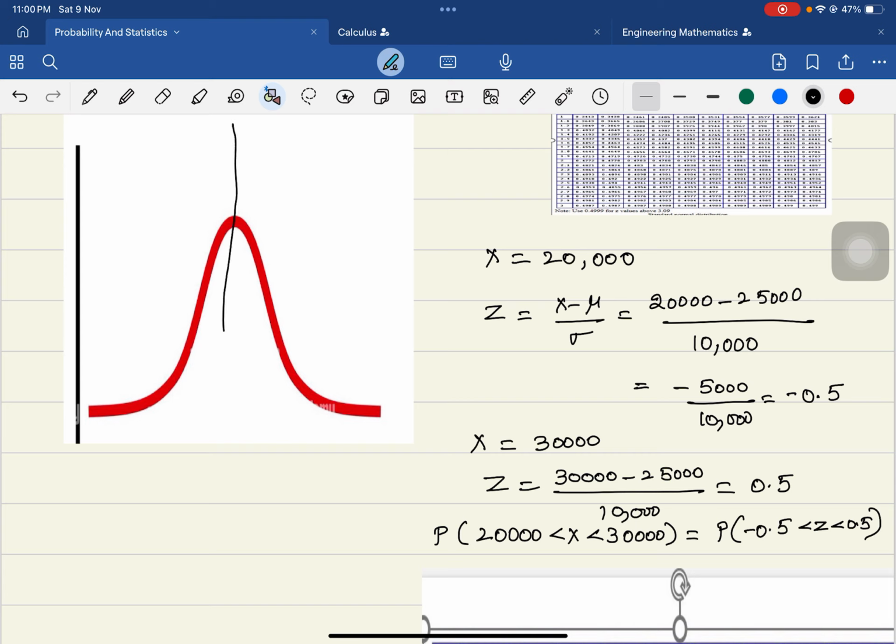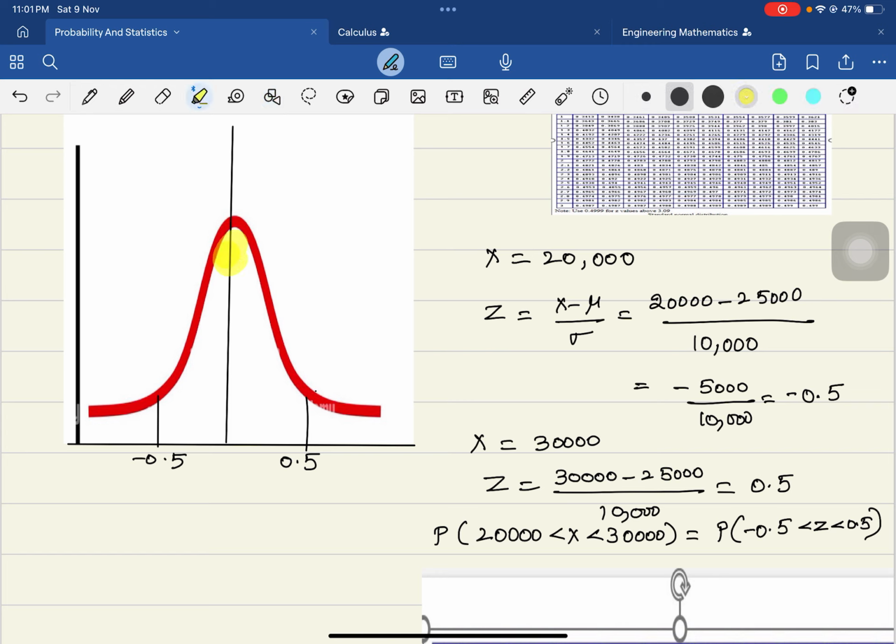Let us draw the mean first, and then draw the x-axis. Now minus 0.5 is somewhere here and 0.5 is somewhere here. So let us now draw the area. This is 0.5 and this is minus 0.5.